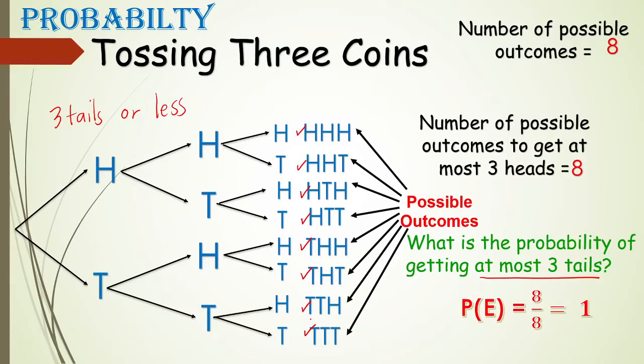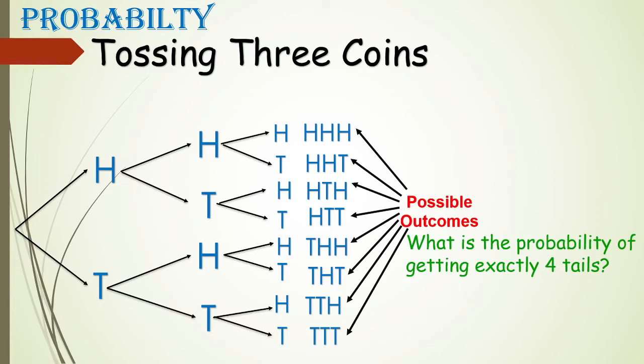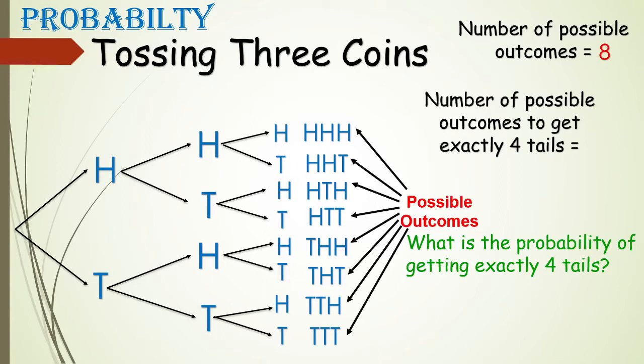Okay? Now, let's have another question on tossing 3 coins. What is the probability of getting exactly 4 tails? It's still 8 outcomes. How many possible outcomes are there to get 4 tails? None. So I'm going to write 0 because we don't have 4 tails in our outcomes.